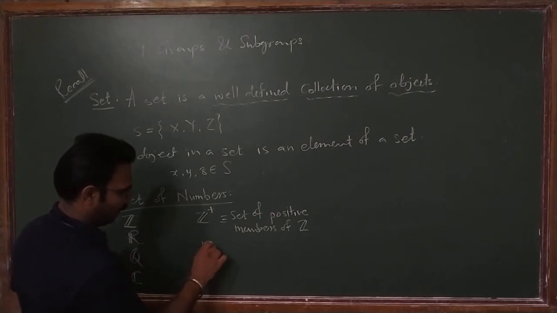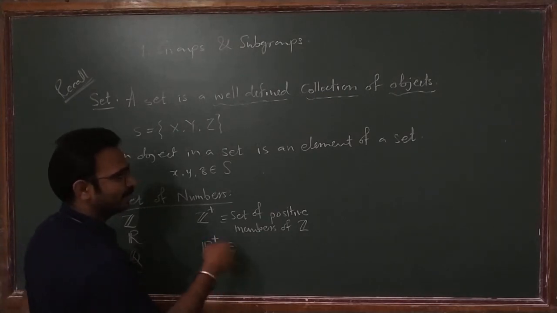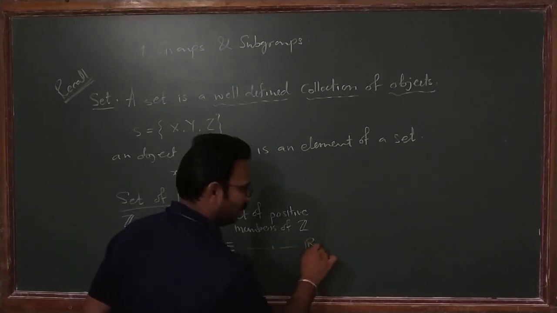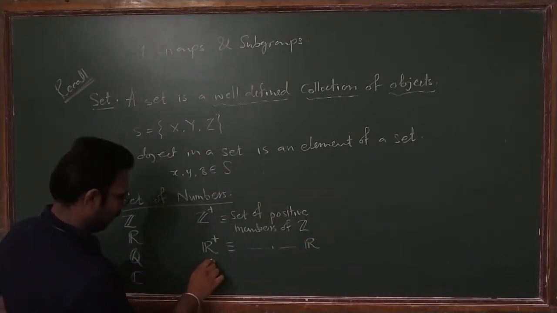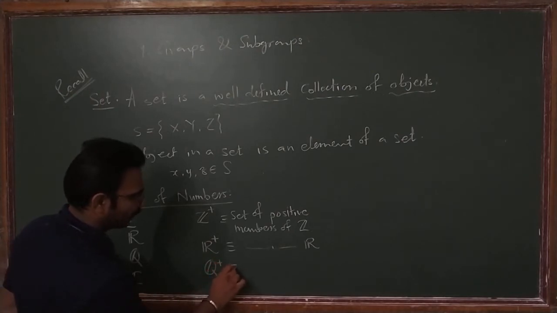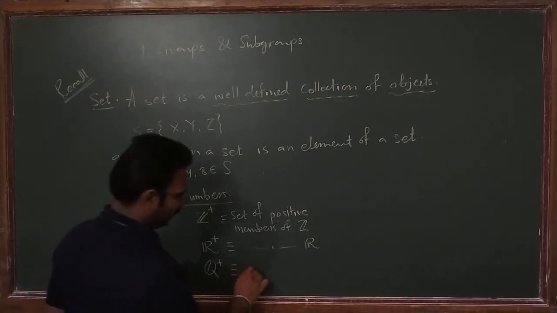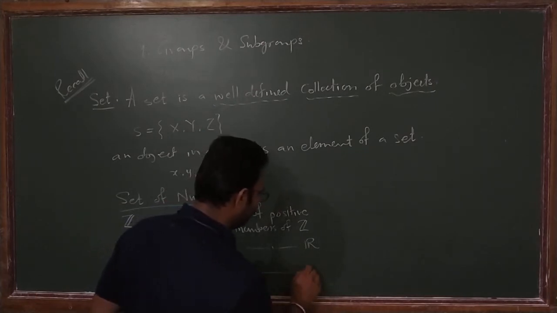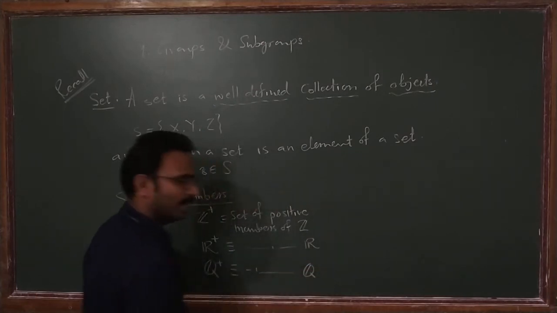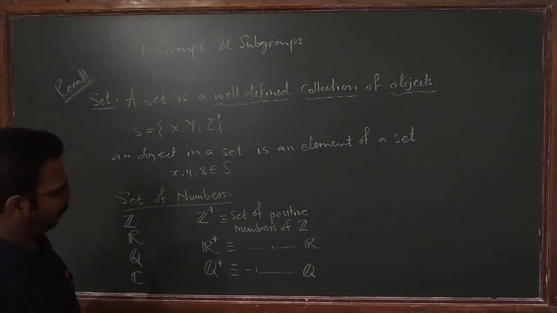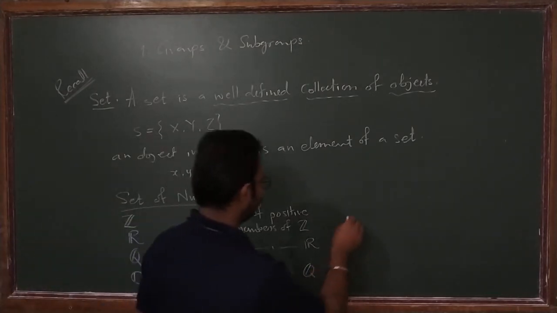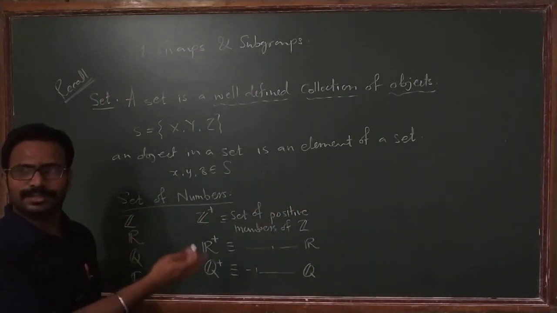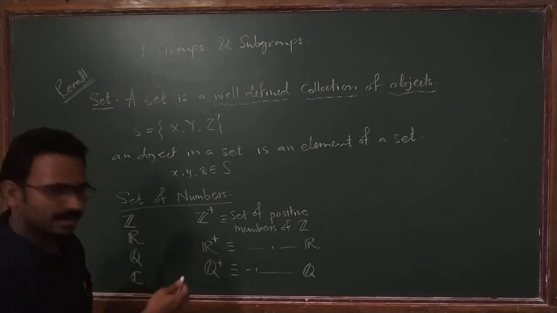Similarly, I can have R plus, the set of positive members of R. Similarly, I can have Q plus, the set of positive elements of the set of rationals. I am giving these because we have to use all these notations.